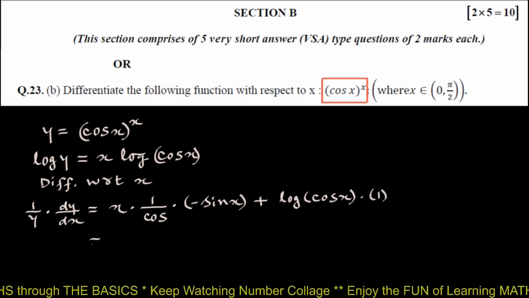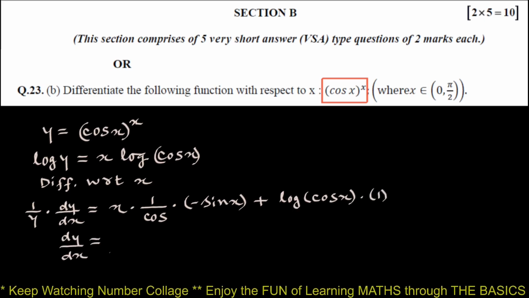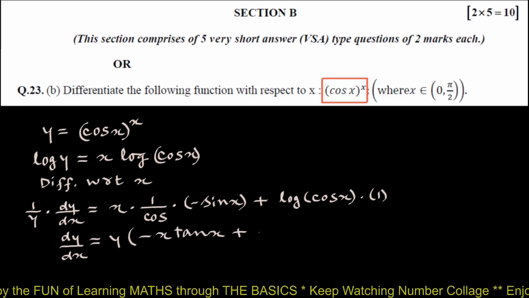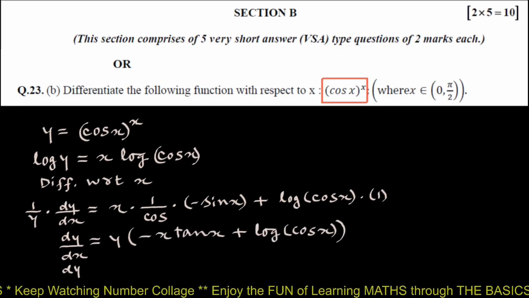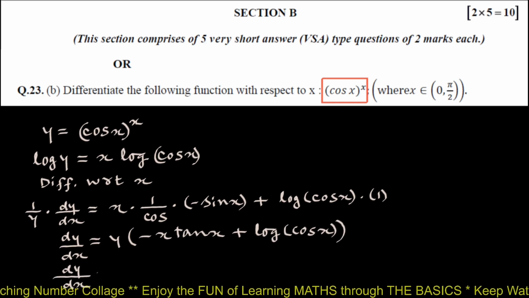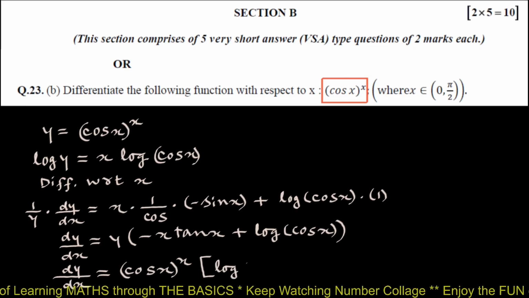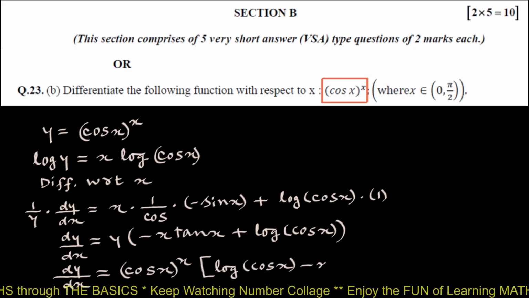So we get dy by dx equals y into bracket minus x tan x plus log of cos x, that finally will be dy by dx equals cos x to the power x into log of cos x minus x tan x.